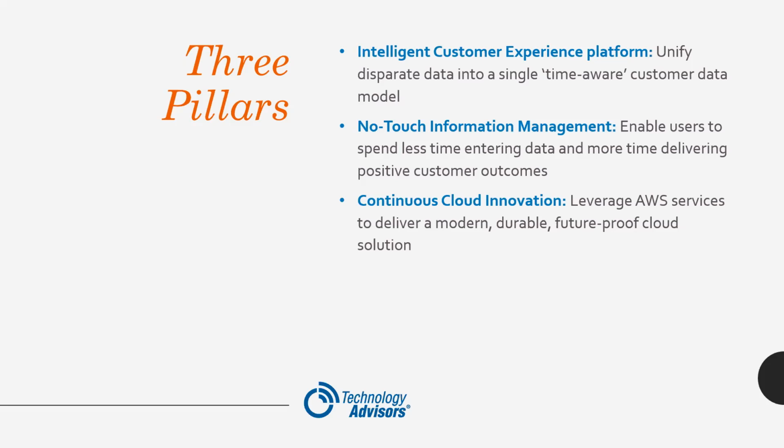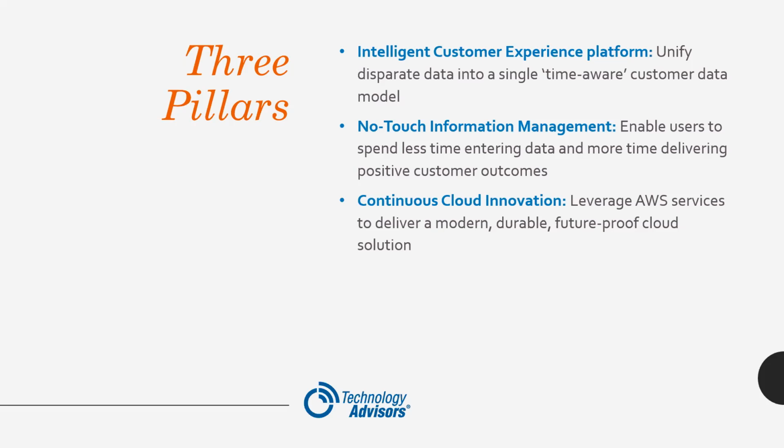Second pillar is no-touch information management. So you've seen Sugar driving towards this already over the past few years, especially with the development around Sugar Hint. Really making it easier for people to use the CRM system and drive value because they can spend less time entering data and more time actually using that data to do positive things.